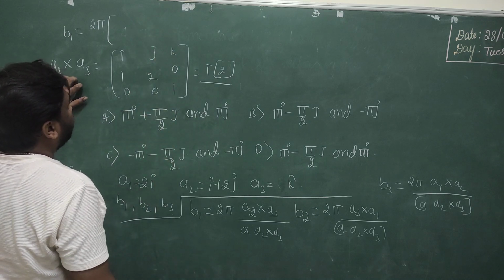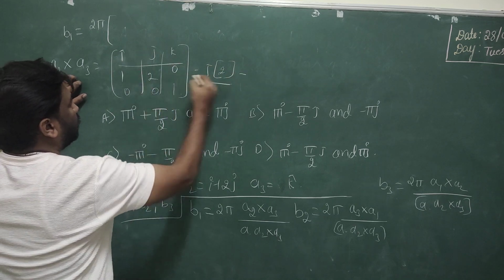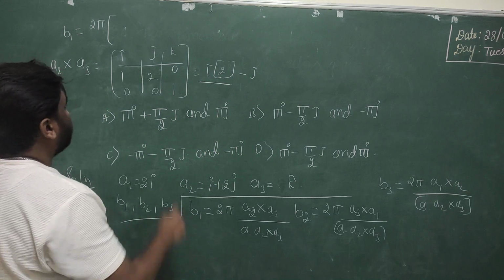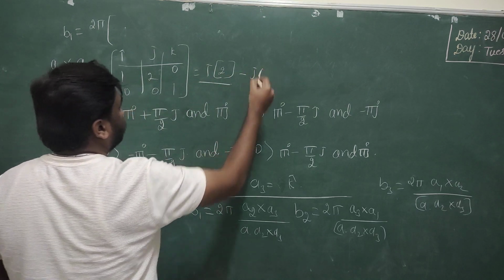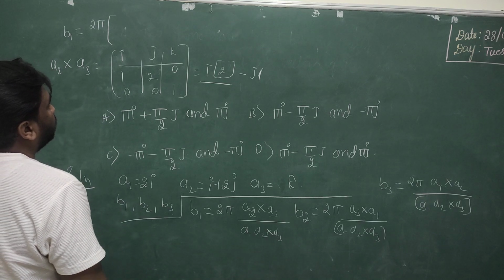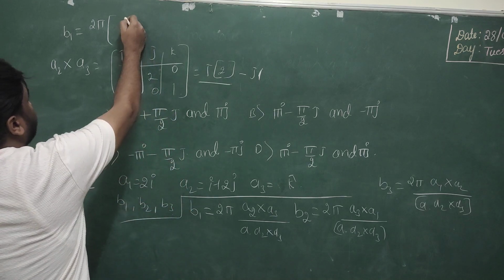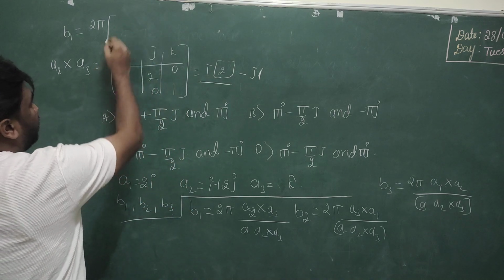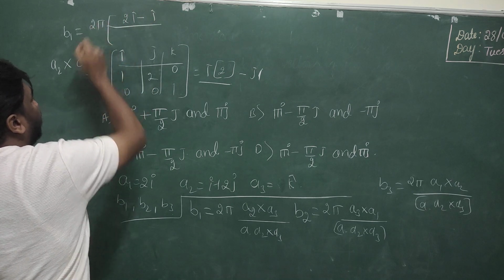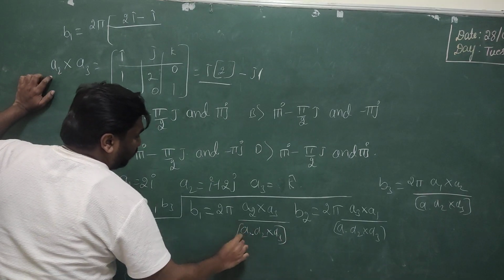For j, the minor is 1, so minus j, and for k it will be 0. Therefore A2 cross A3 is 2i cap minus j cap, divided by A1 dot A2 cross A3.